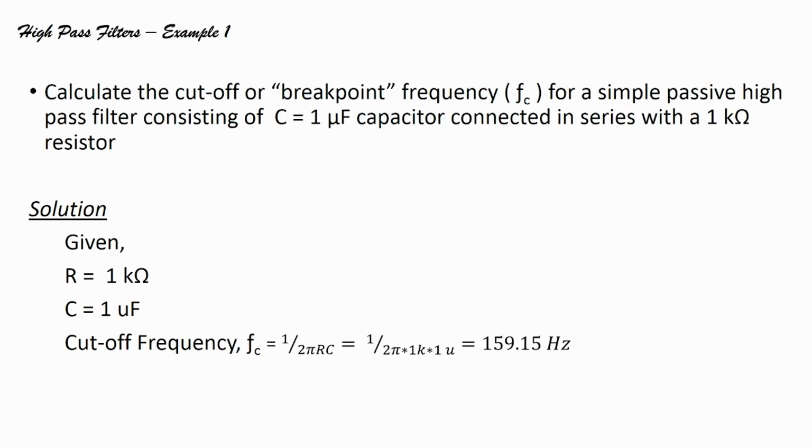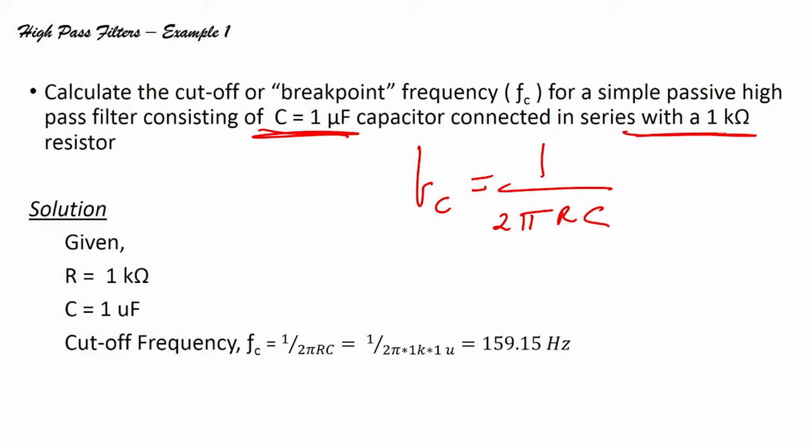Okay. So, if I take an example, calculate the cutoff frequency or breakpoint frequency FC. FC formula we can directly write 1 by 2 pi RC for a simple passive high pass filter consisting of capacitor C equals to 1 microfarad, and connected in series with 1 kilo ohm resistor.